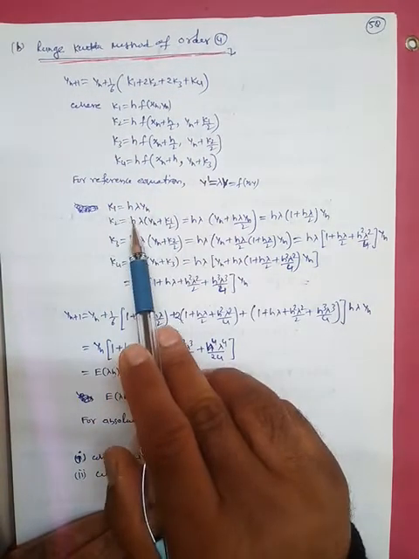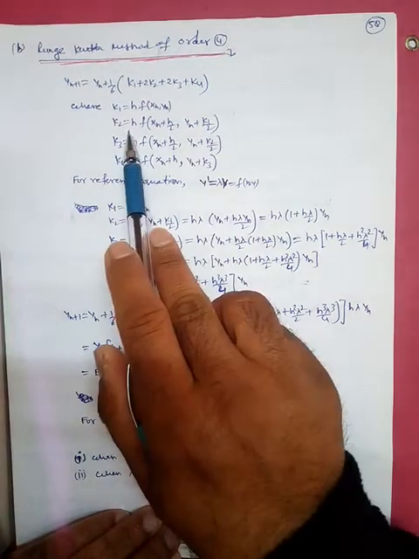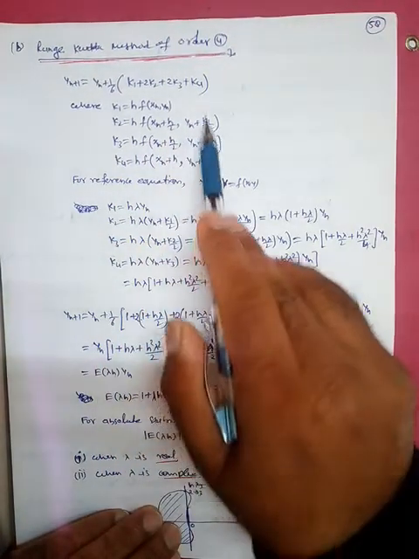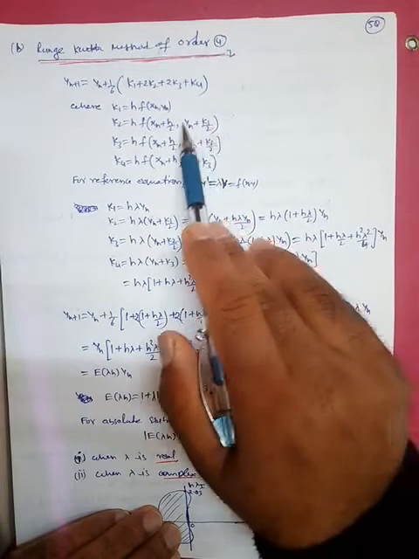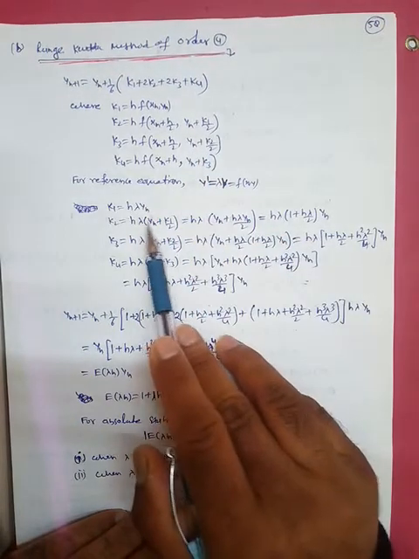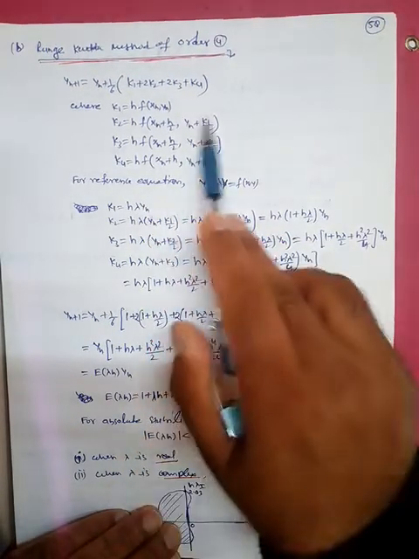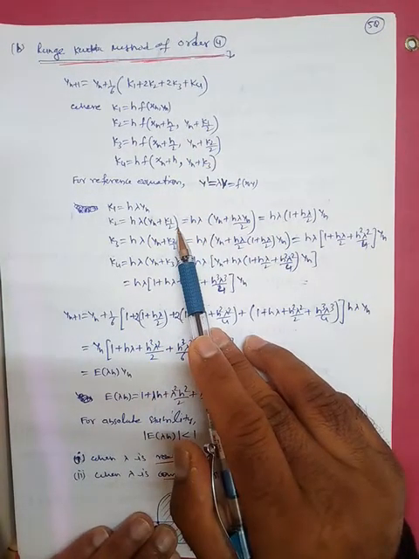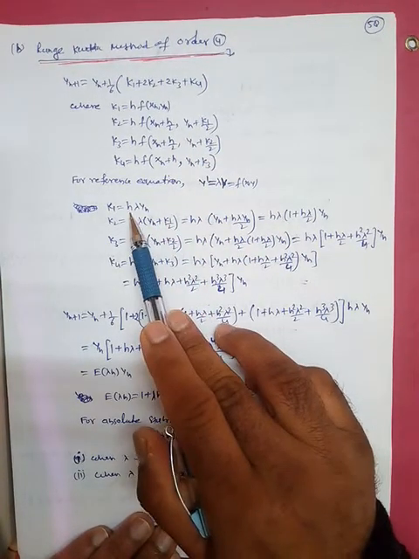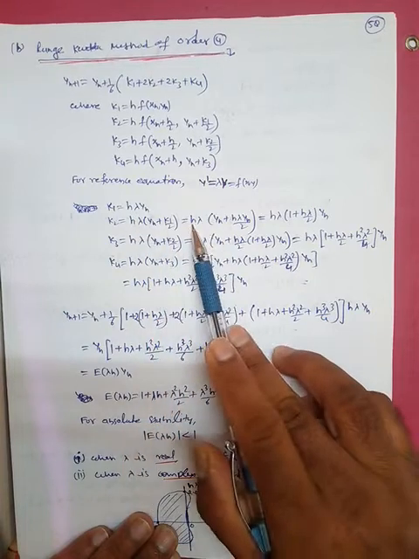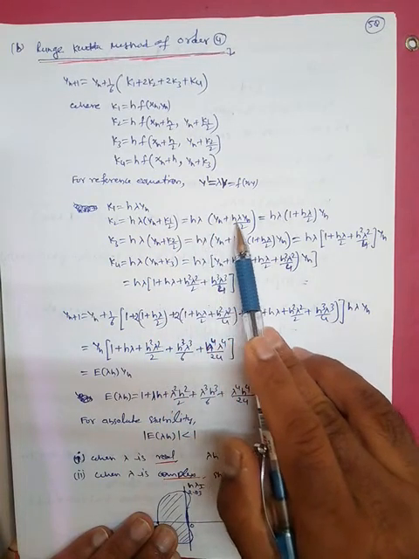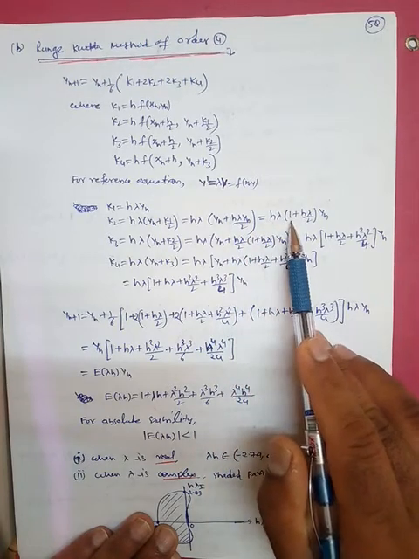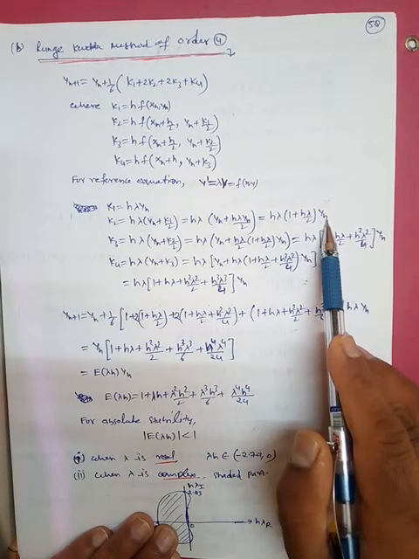So k2 will be h and then f, but here f is lambda y, so we will multiply this quantity by lambda: lambda times yn plus k1 by 2. But k1 is h lambda yn, that's why h lambda into yn plus h lambda yn by 2. You can take yn common, so we get h lambda (1 plus h lambda by 2) into yn.